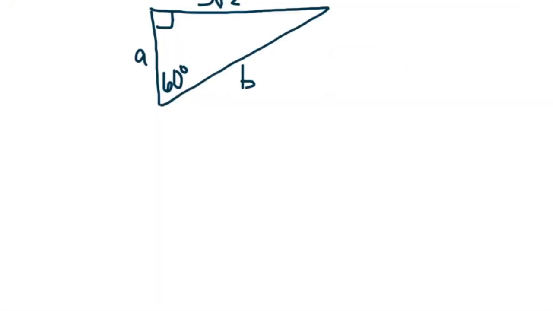Identifying all the parts of this triangle, I know that this side length that is labeled 3 radical 2 is the long leg of my triangle. And I know this for a fact, not only because it looks like it's the longer side length, but because it's directly opposite the 60-degree angle, which means I know it is definitely the longer leg of the triangle.